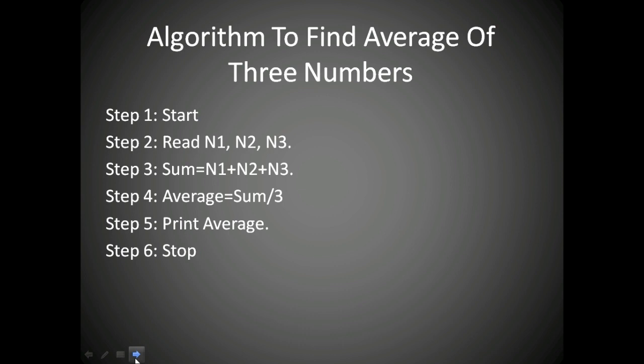Algorithm is very important. If you understand the algorithms, you understand the problems, and finding a solution becomes very easy. But if you don't understand algorithms, you will not understand a problem, and if you are not understanding a problem, getting a solution is very tough.